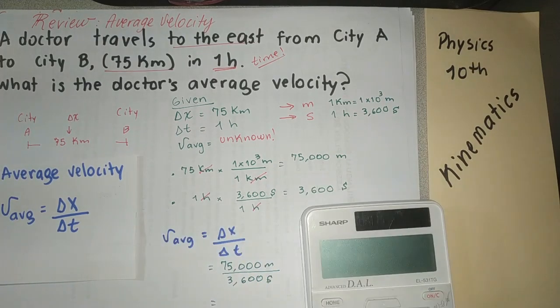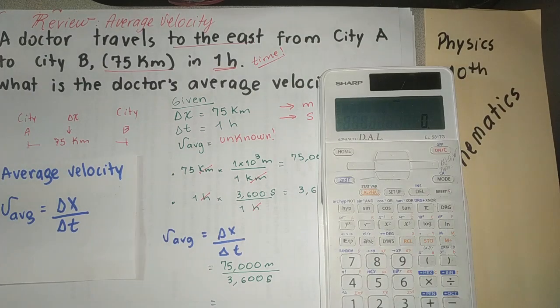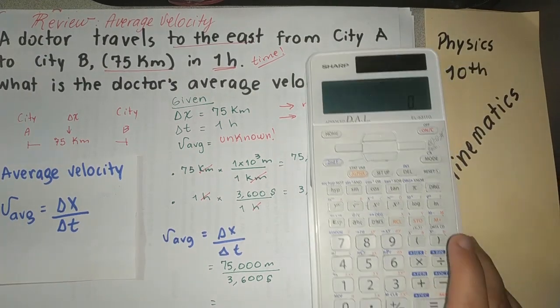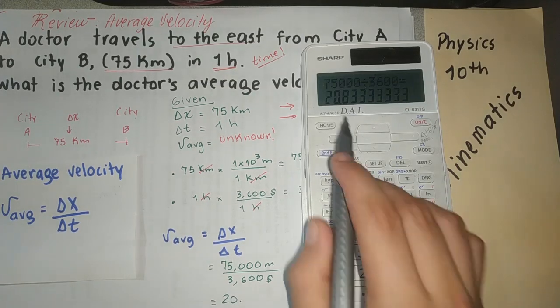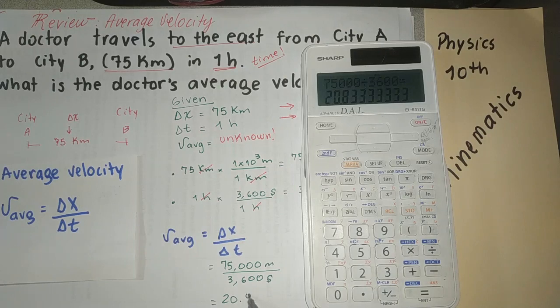We use the calculator here, and we say 75,000 divided by 3,600 seconds. So our answer is 20.833333. We rounded it to 20.83. And the units are meters on the top, seconds below. Meters per second.